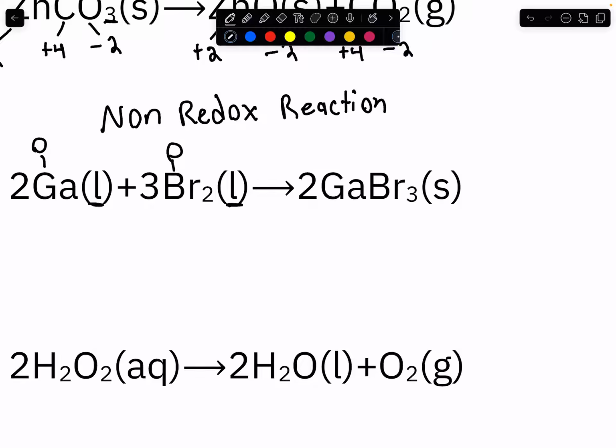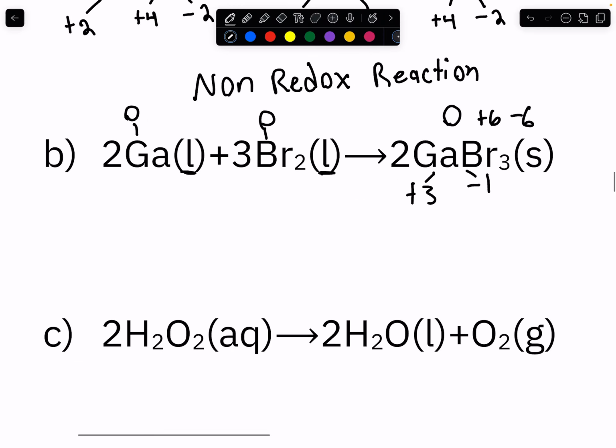This is where you want to figure out, we want this to be 0 overall. We know that bromine is going to be -1. And so in order to figure out our metal, we're going to see that this is going to be a -6. And we know that gallium will have to be a +3 in order to multiply by that 2 to get a +6, which cancels that out.